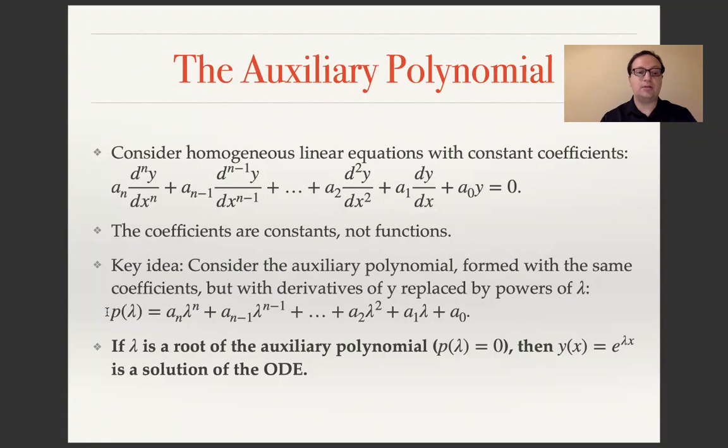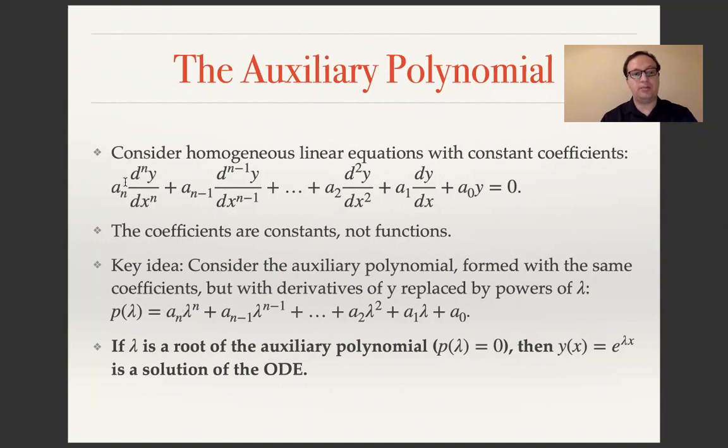let's consider the auxiliary polynomial. What is the auxiliary polynomial? It is the polynomial that we get by replacing each derivative of y with a power of some variable lambda.